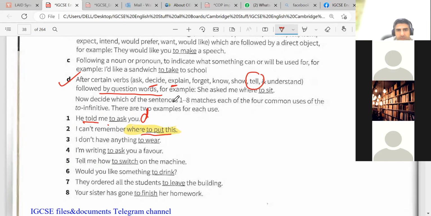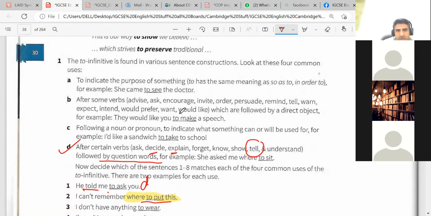So function A or B or C or D? Here, the purpose, to show the purpose. A, this one.